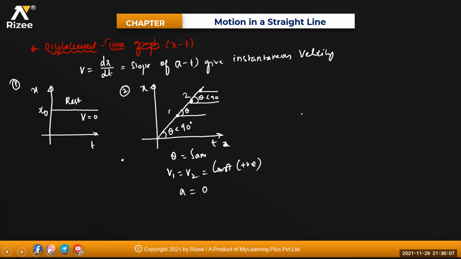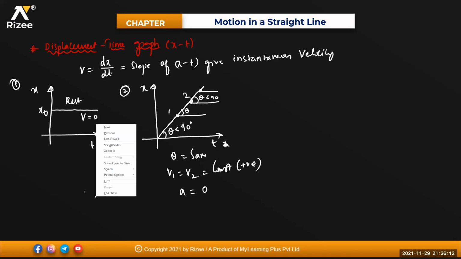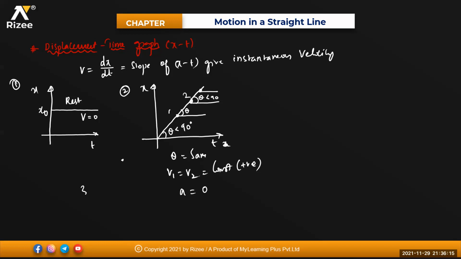Third graph. Now tell me this one, beta. This one, the x versus t graph.